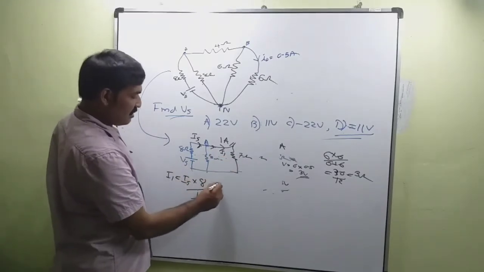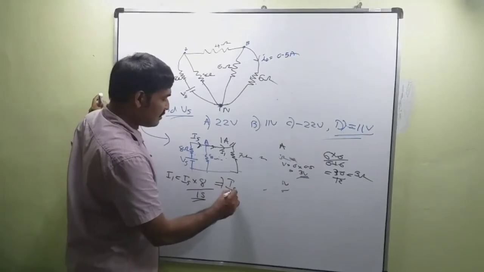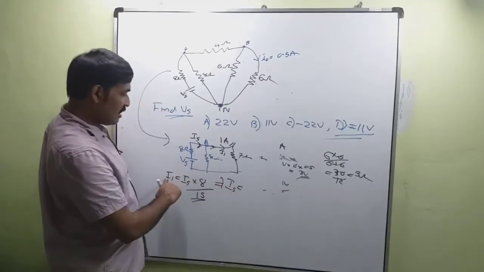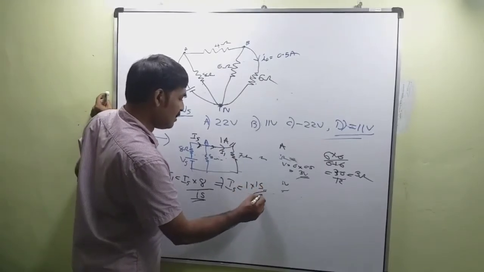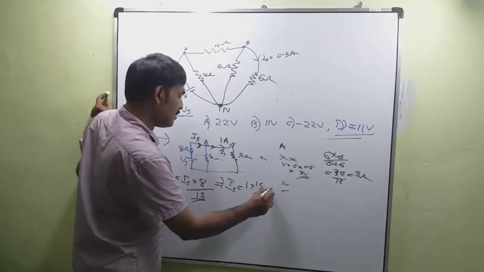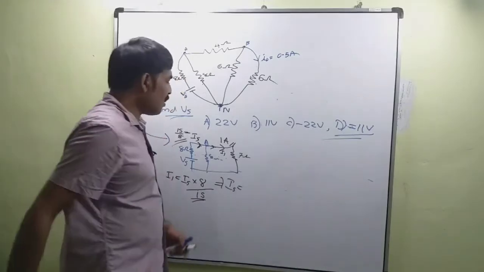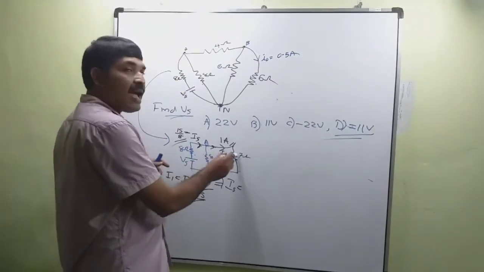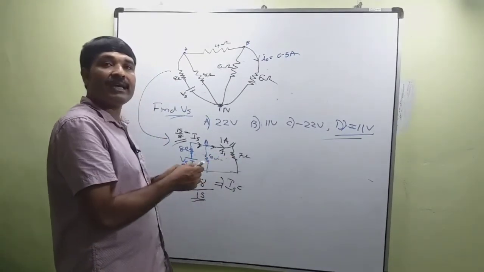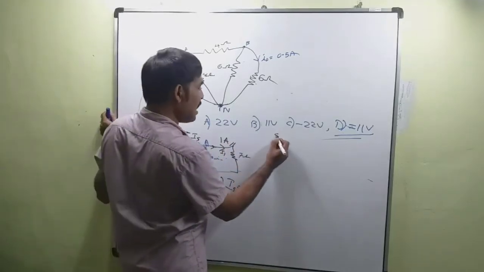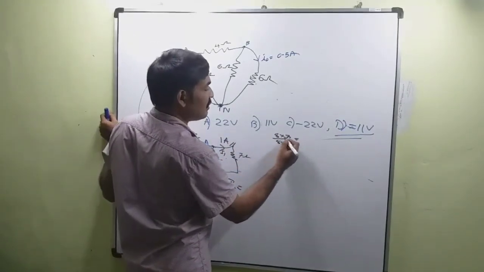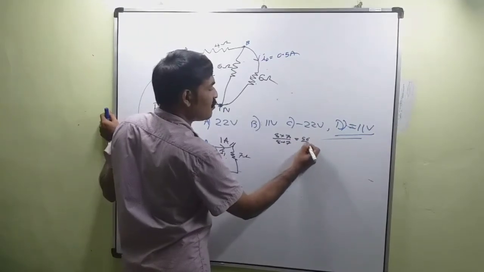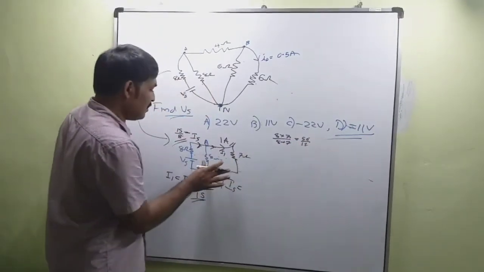From this equation, this implies IS is equal to I1, and here I1 is equal to 1, so 1 × 15 by 8. This is IS. Now, this 7 and 8 are in parallel. So the equivalent value of resistance is 8 × 7 divided by 8 + 7, that is 56 divided by 15.